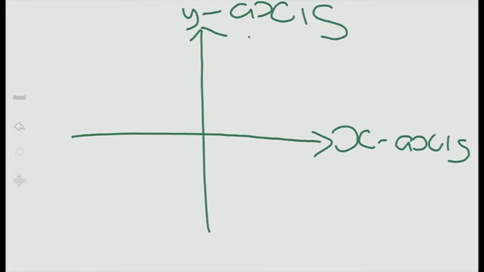So these are the values of x and these are the values of y. And now the signs or the directions of the Cartesian plane. The x-axis is positive this way and negative this side. The y-axis is positive this side and negative this side.